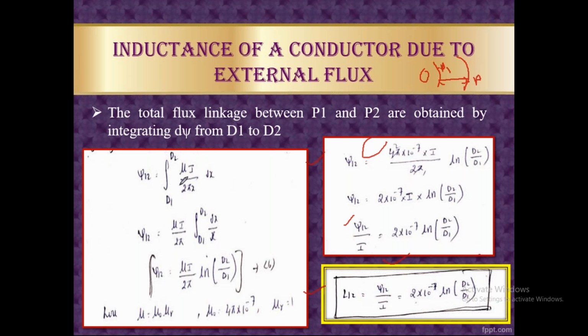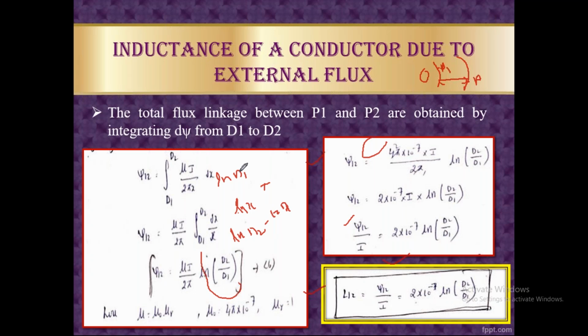Here, except 1 by x, all remaining terms we have to bring outside of the integration. The integration of 1 by x is ln x, and if you substitute the limits you will get ln d2 minus ln d1. If in a logarithm there is a minus, we eliminate it by bringing it in division form.